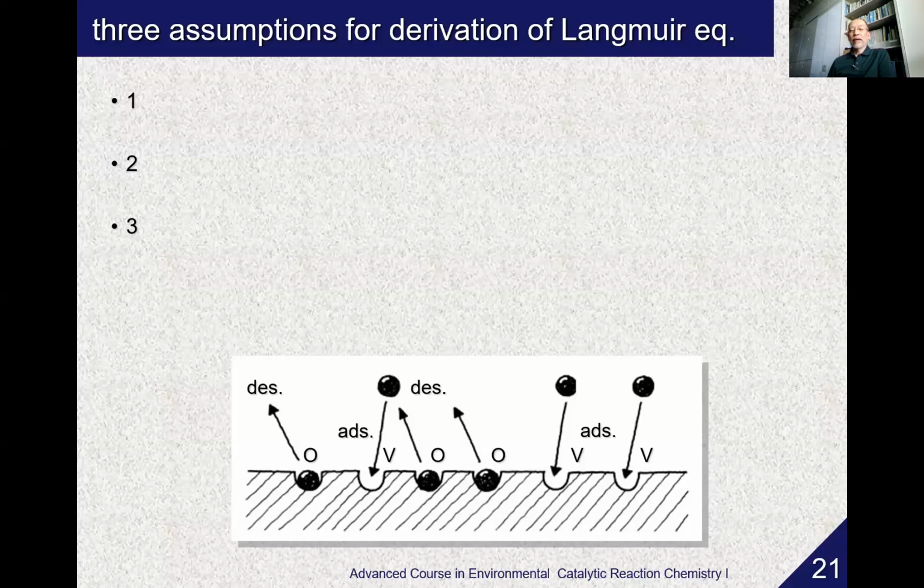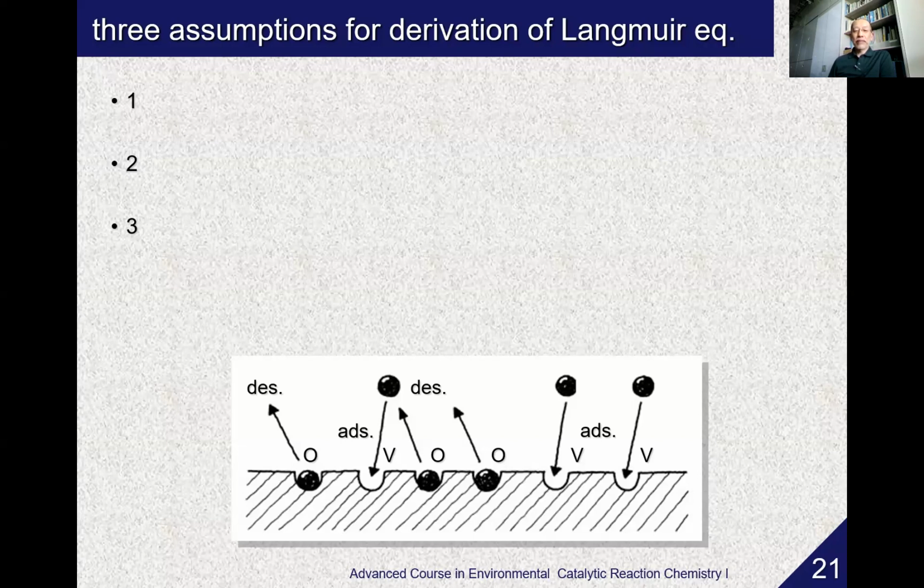So probably part of you have learned this Langmuir adsorption in an undergraduate course. So please answer the three assumptions for Langmuir isotherm derivation, please. And if you don't know these assumptions, please imagine what kind of assumption is necessary.